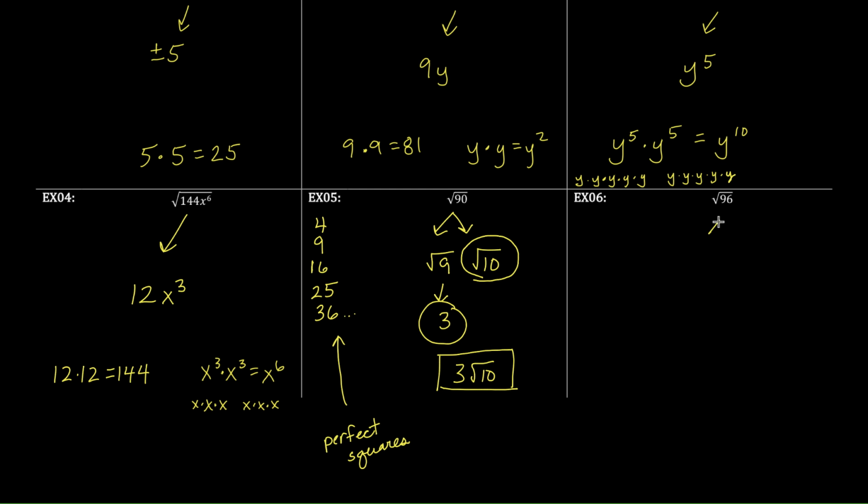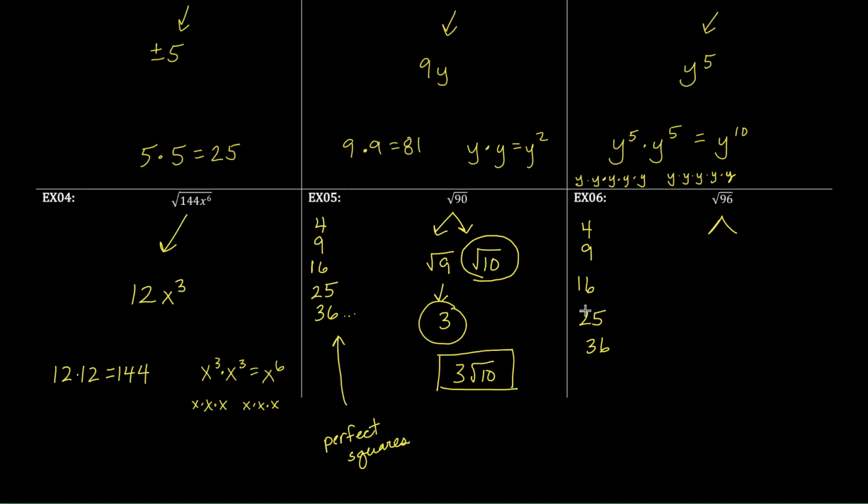So the square root of 96. Ooh. In this case, once again, I just start listing these out. 9 doesn't go in there, because 9 goes into 90 or 99. So that doesn't work. 16, 25, 36. I'm like, okay, this is kind of getting me nowhere. So what I would do is take my calculator and divide by some of these.